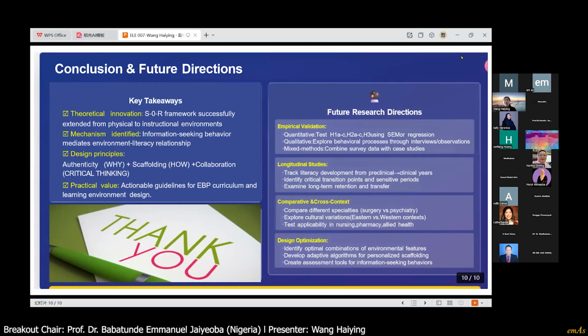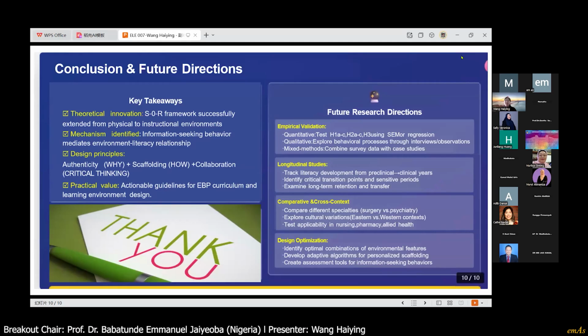In real work environments, medical students always work together in a team. So we want to focus on pedagogical strategy to design the environment for medical students.